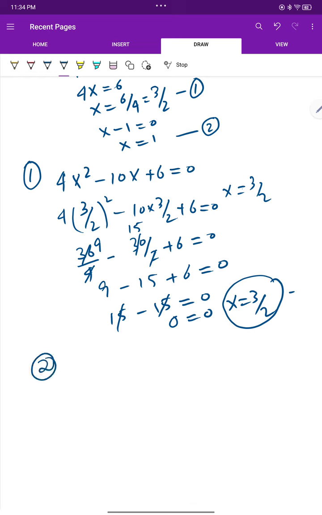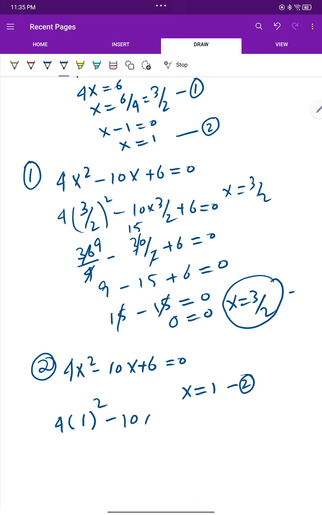The second one, 4x square minus 10x plus 6 is equal to 0. Now you're going to put x is equal to 1. This is the second value. So put the value of 1 in this equation. So 4 into 1 whole square minus 10 into 1 plus 6 is equal to 0.